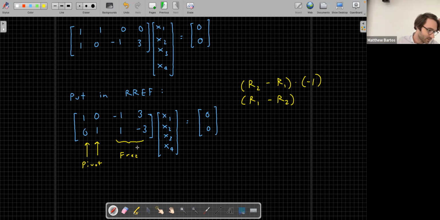Did I make a mistake here? R2 minus R1, so this will first be -1. And then we multiplied the entire second row by -1, right?